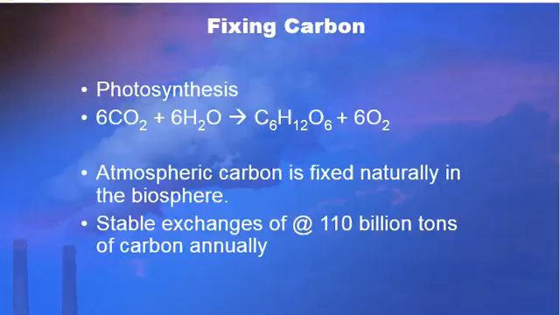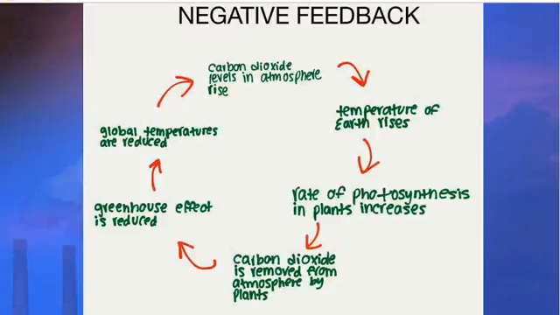And this is a really important part of the negative feedback cycle that's going on here. These plants are photosynthesizing and they're removing carbon dioxide from the atmosphere, and that can actually help to reduce the greenhouse effect because we're taking away a greenhouse gas that helps the temperature go down.